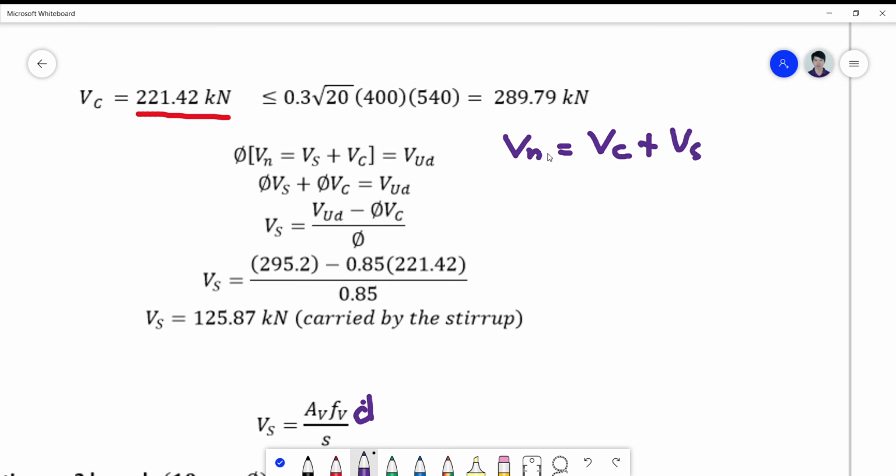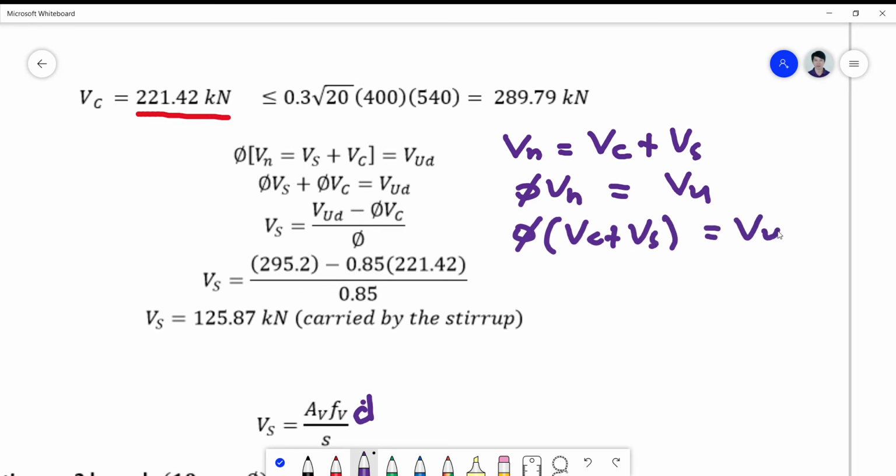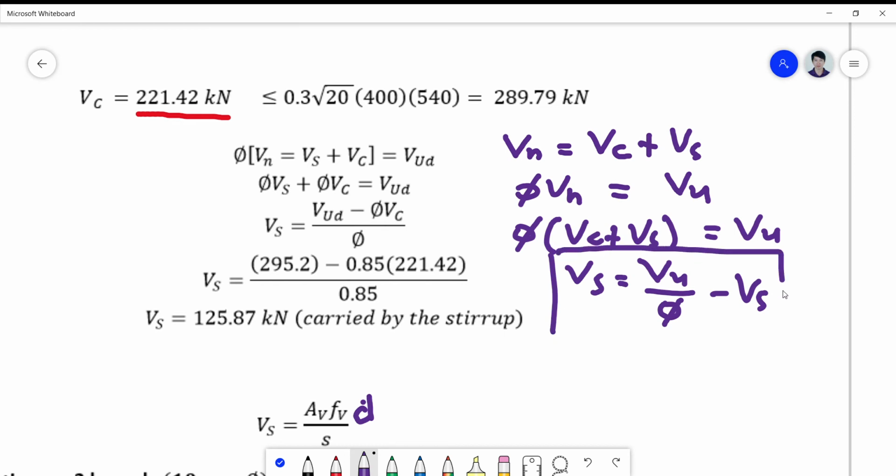Vn must be equal to Vu, so phi times Vc plus Vs is equal to Vu. So your Vs can be computed by simply transposing: Vu over phi minus Vc. This is your formula for Vs.